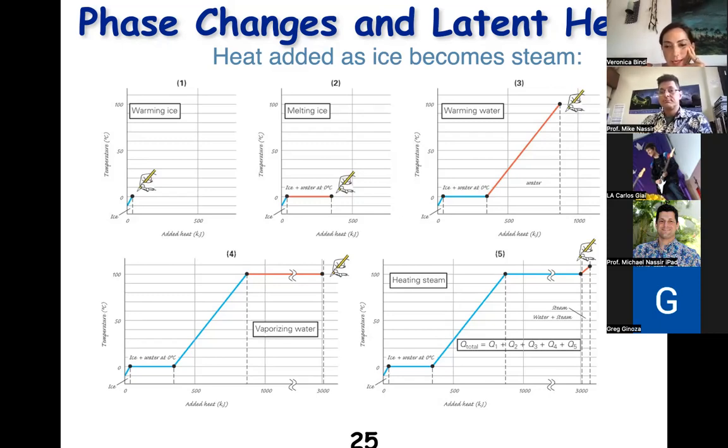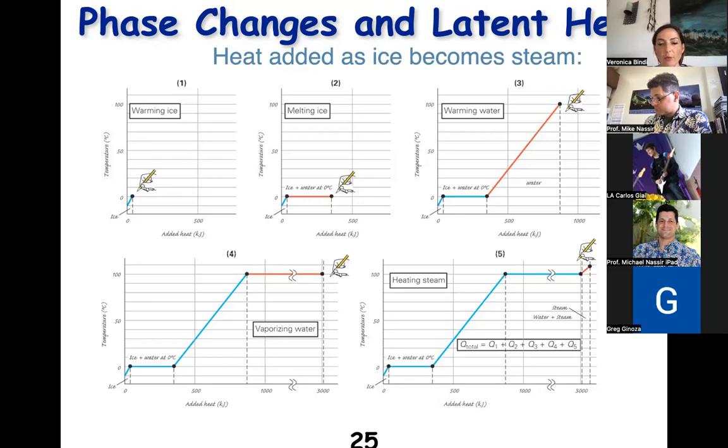And then in the last part, if we keep providing heat to the system, at that point we are going to have all steam, okay? So while before it was water and steam, once we finish evaporating all the water, we only have steam. And if we keep providing heat to the system, it will increase in temperature again.